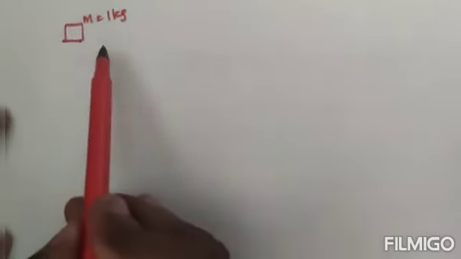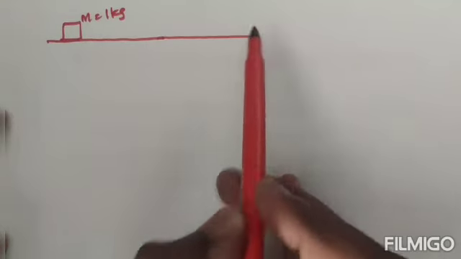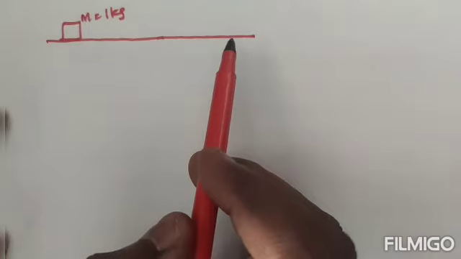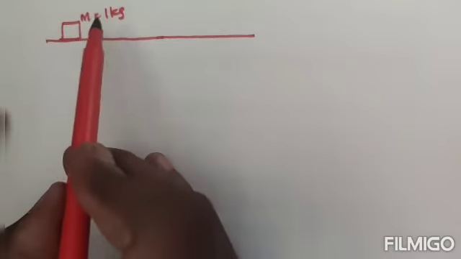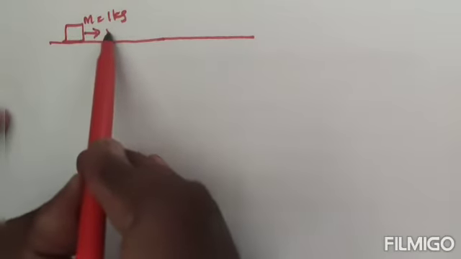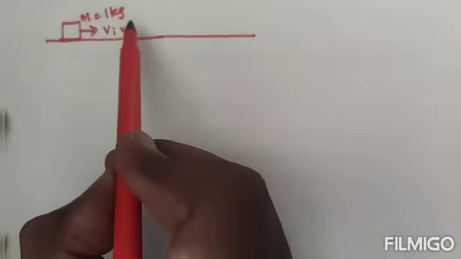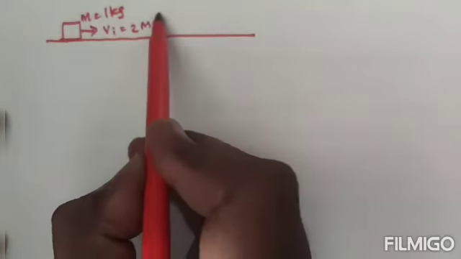So in this question, a block of mass m is given, that is 1 kilogram. Let's imagine it travels in one dimensional direction. Let's consider its initial velocity is given as vi equal to 2 meter per second.